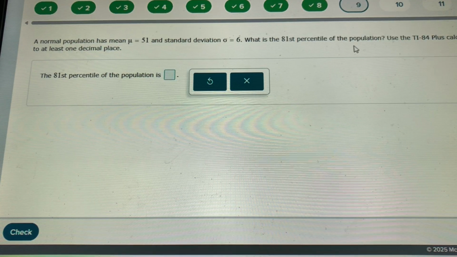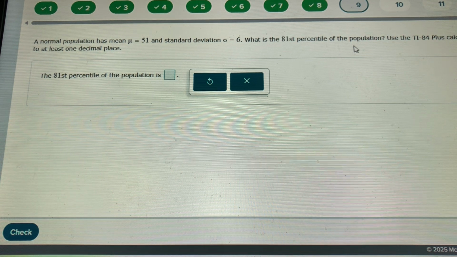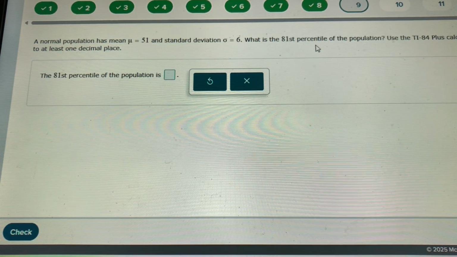So the 81st percentile means that 81% of the area, or probability, is below you. So we want to know what score you got. It doesn't say that here, but that's the interpretation of percentile. There's 81% of the area below, and it always is less than or equal to. Percentile automatically means less than or equal to.